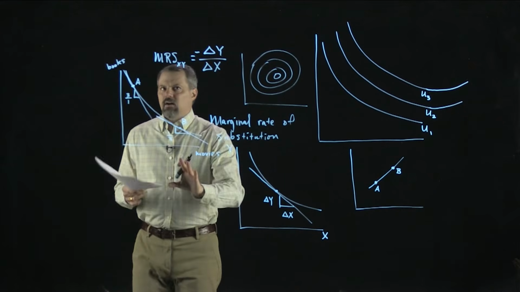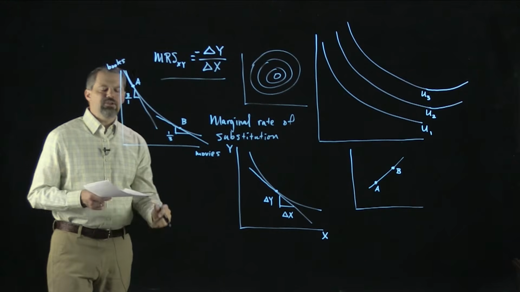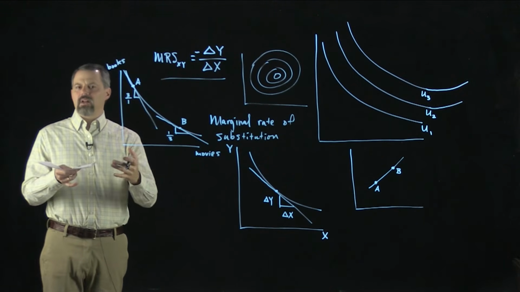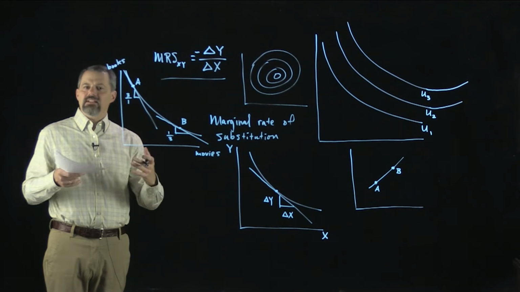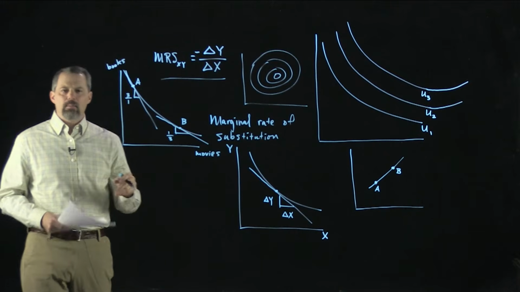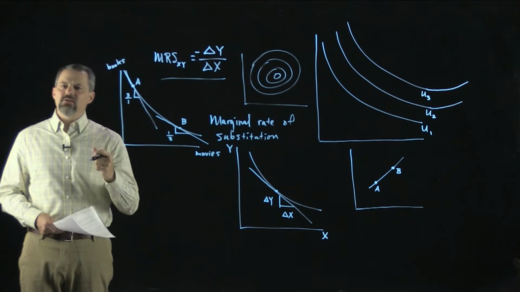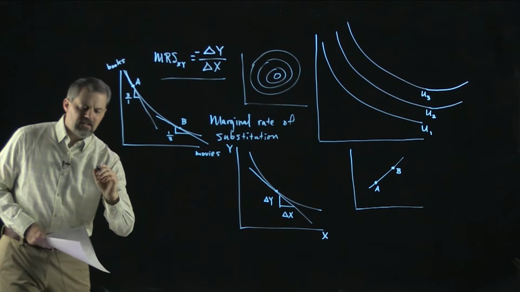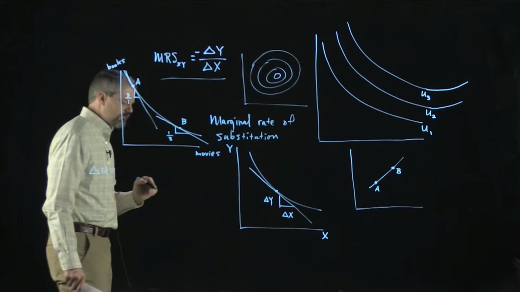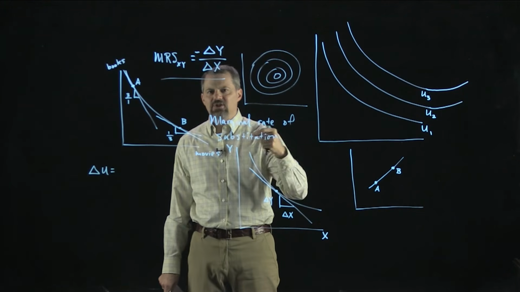So let's think about what this looks like. And I'm going to do something here that your book goes through. This is not something that I would ask you to go through on the test, but it is something that hopefully will help you understand the next result that we get. I'm going to think about what happens if we change utility. Now a change in utility would come from either a change in good x or a change in good y.